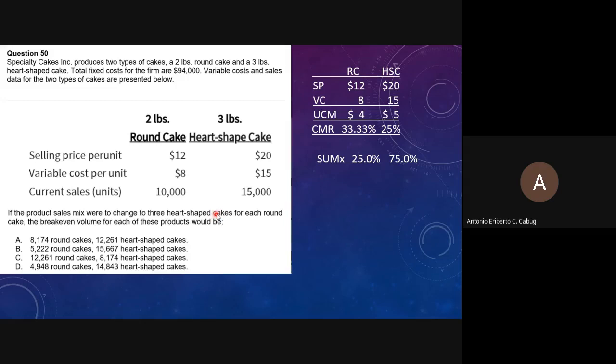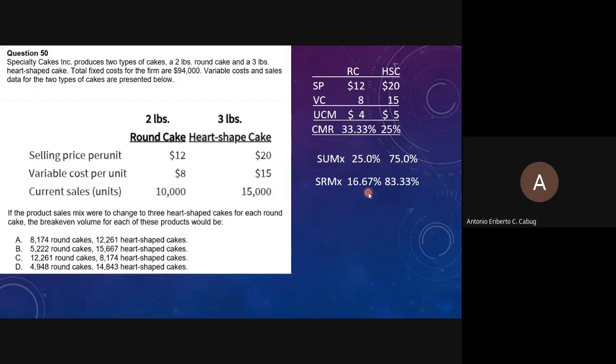You would have the following sales unit mix. 3 for 1, meaning 1 is to 3. 1 plus 3 is 4. 1 over 4 is 25%. 3 over 4, 75%. As for the revenue mix, 12 times 1 is 12. 20 times 3, that would be 60. 12 plus 60 is 72. 12 over 72 is 16.666%.